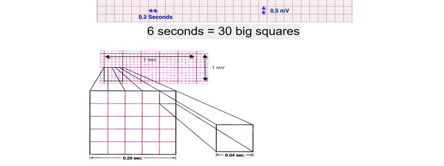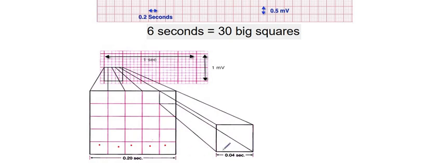This one big square we were talking about earlier, the 0.2 seconds, if you extrapolate it, will give you 5 smaller squares. So 1, 2, 3, 4, 5.